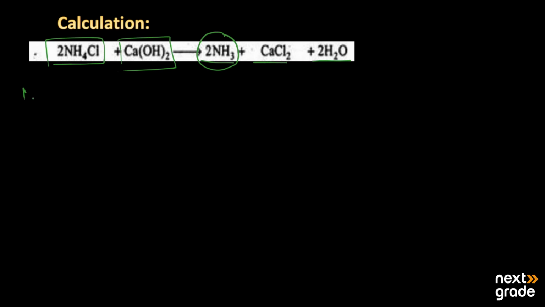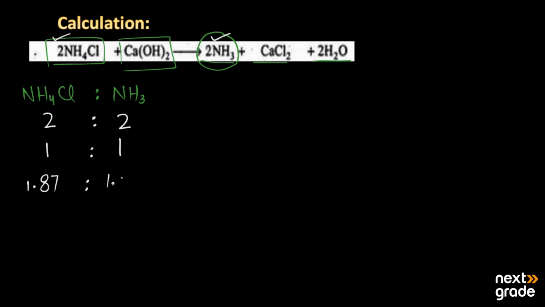First we will compare with the first reactant, ammonium chloride, and the product ammonia, NH3. In the balanced equation we have 2 moles of ammonium chloride producing 2 moles of ammonia. So 1 mole of ammonium chloride produces only 1 mole of ammonia, and 1.87 moles of ammonium chloride produce 1.87 moles of ammonia. So these are the moles of ammonia produced.